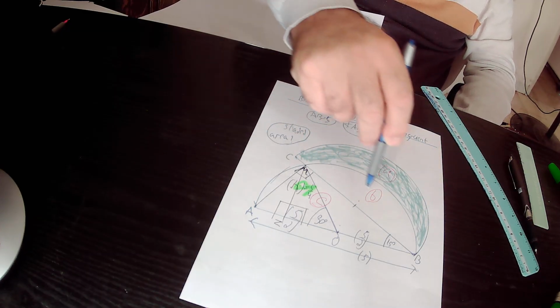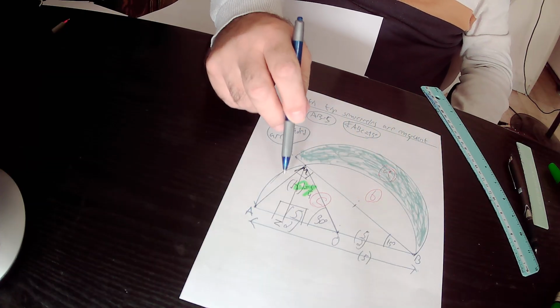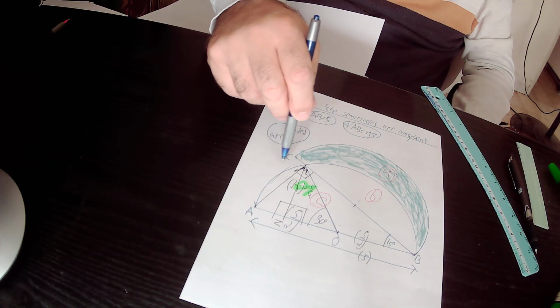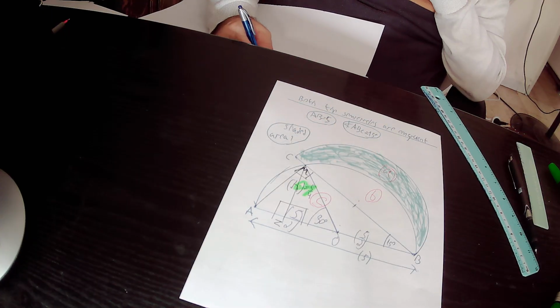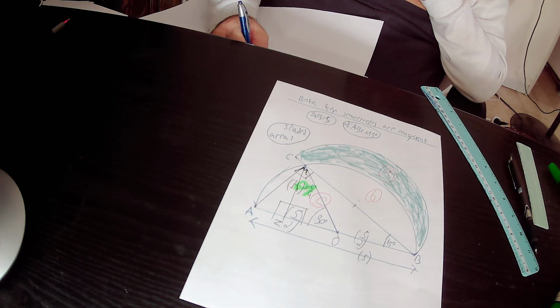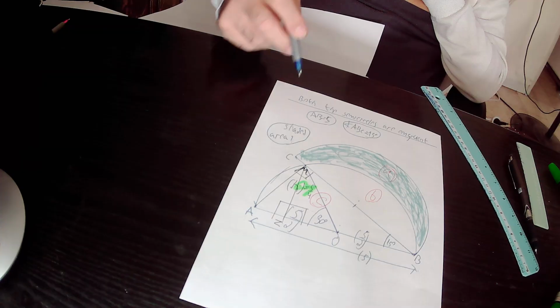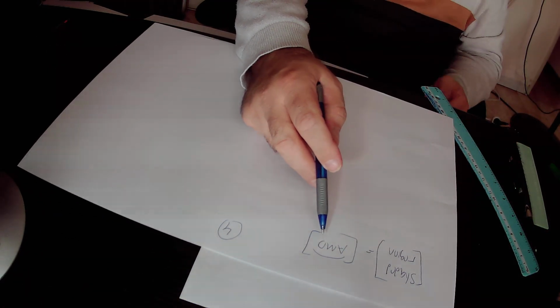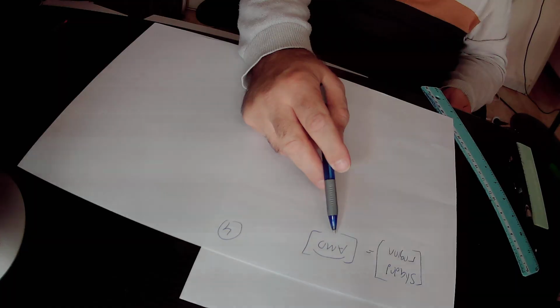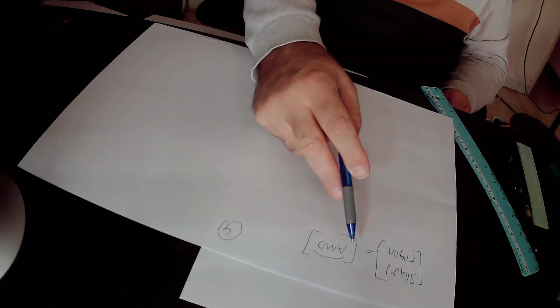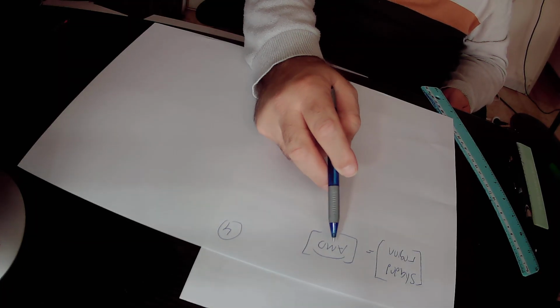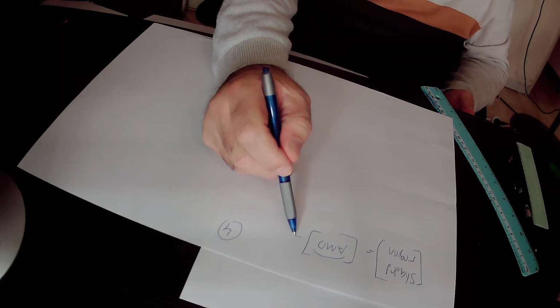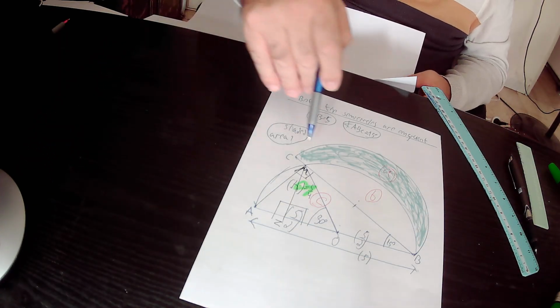But this shape AMB consists of two smaller shapes. The first shape that it consists of is this sector AMO. The rounded line above AMO is the sign of a sector. It means sector AMO in total. This expression means the area of sector AMO. That is the first shape that the big shape AMB consists of.